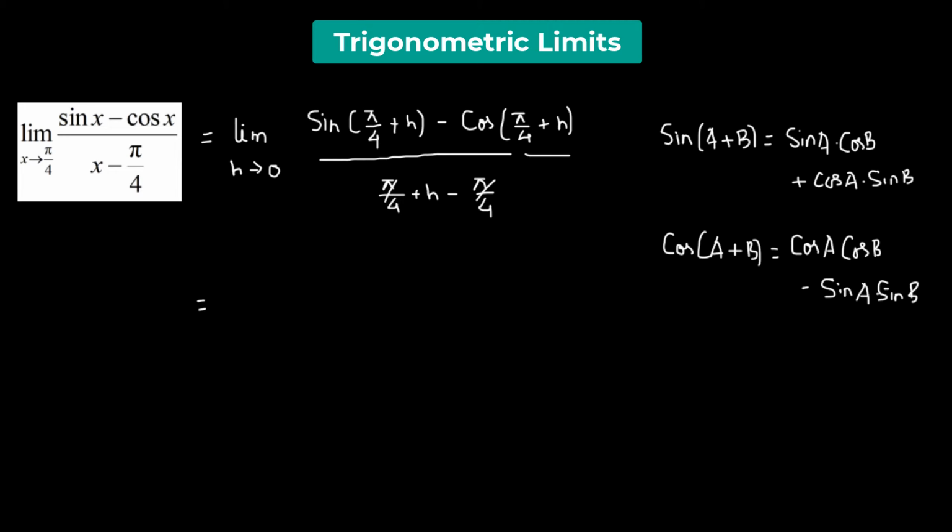So that will give us now limit h approaching 0. So we have sine, a here is pi by 4 and b here is h.